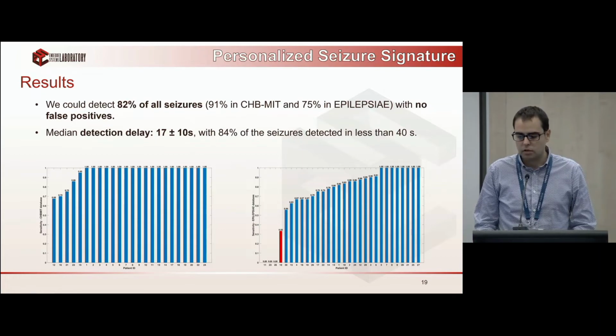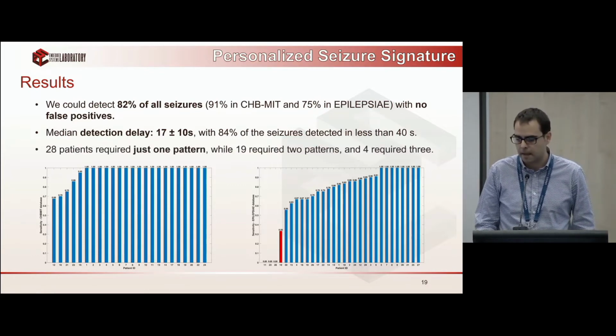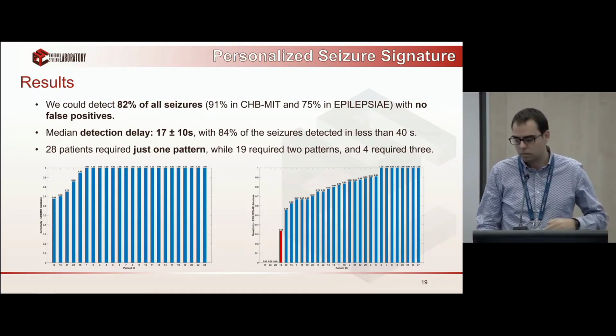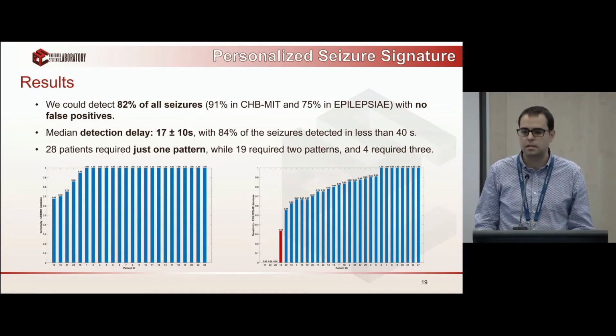The median detection delay was 17 seconds, with 85% of the seizures detected in less than 40 seconds. And this is very interesting. 28 patients required just 1 pattern, and 19 required 2 patterns, while 3 patterns were only necessary for 4 of the patients. So in general, it seems that 2 patterns should be enough for most of the patients.